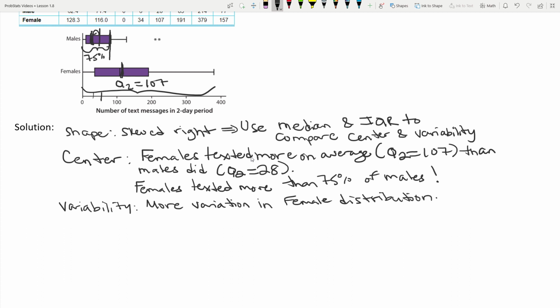And if you compare the IQRs, if we were to actually calculate them, notice that this right here represents the IQR for the females. It's definitely larger than the IQR for the males. So the IQR for females is larger than the IQR for males.